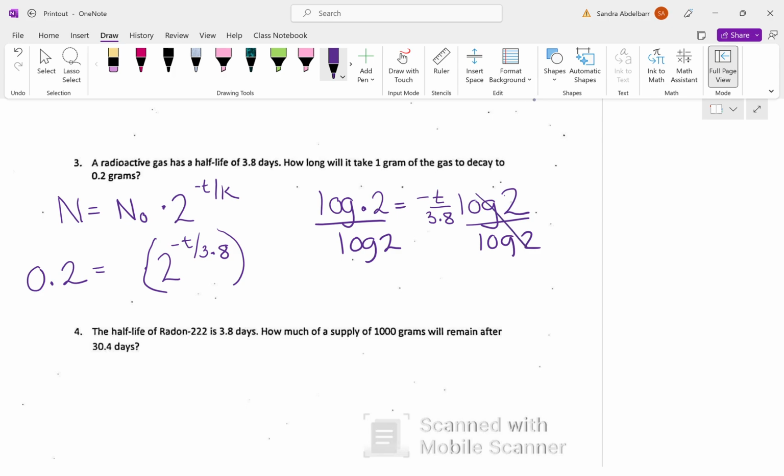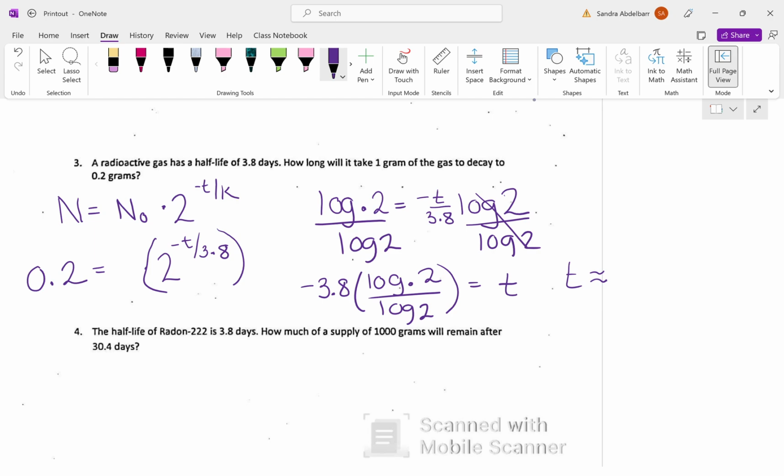And then I would then multiply by a negative 3.8 on both sides. So negative 3.8 log 0.2 over log 2. If you wanted to just put that negative 3.8 in the numerator, it's the same. It doesn't matter. Equals t. And since this is not dealing with money, we're going to do 3 decimal places.